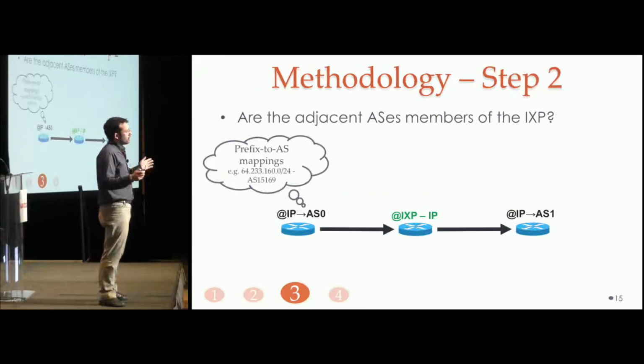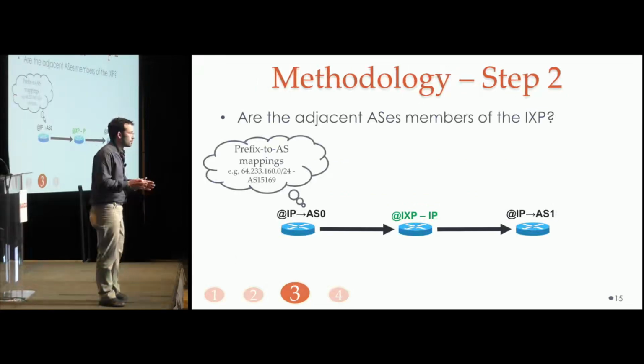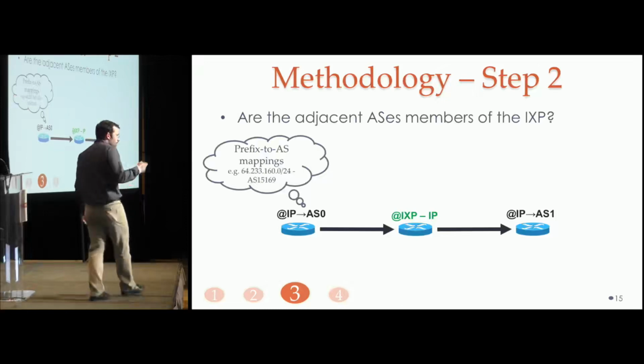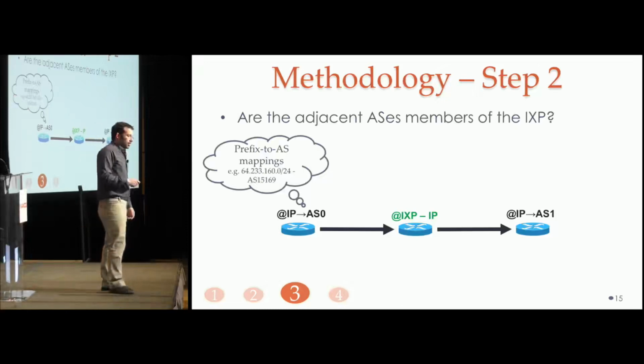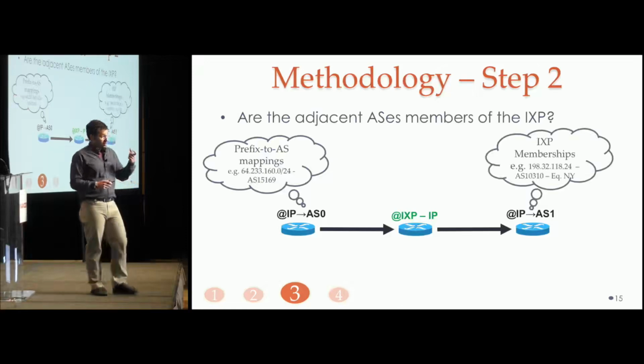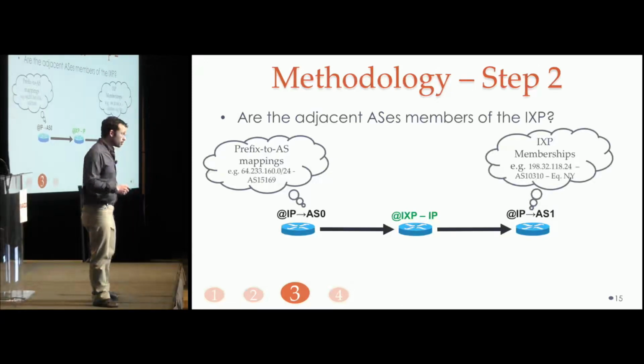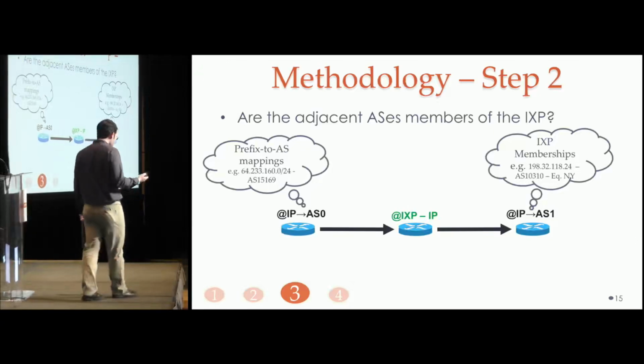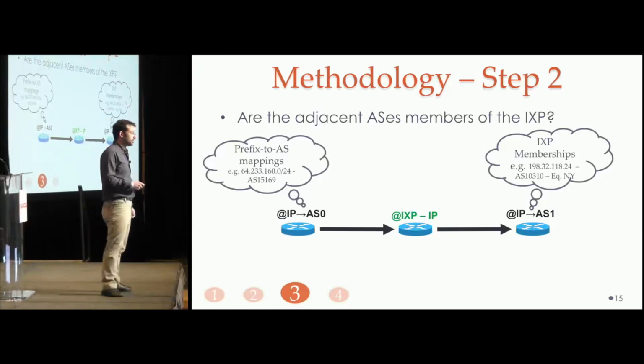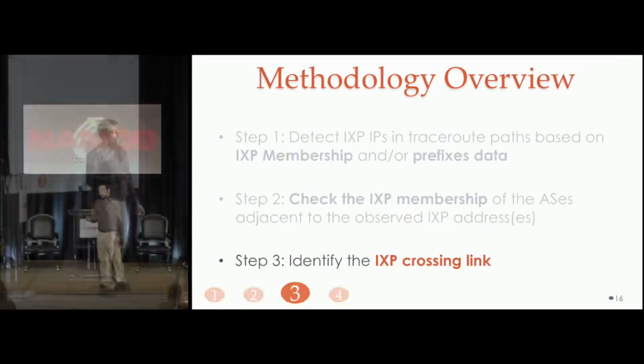Having this hop window from the previous step, we map the border IPs to AS numbers based on prefix to AS mappings, and then we check if these ASes are members of the candidate IXP that we have in the middle, using the IXP membership data.